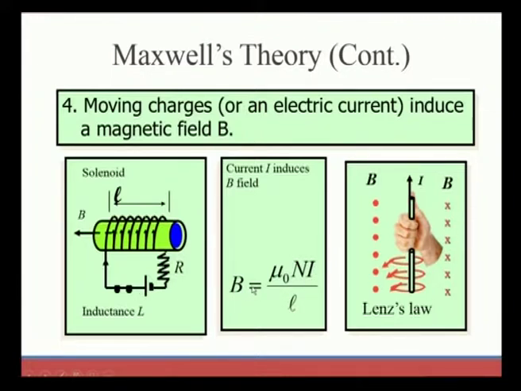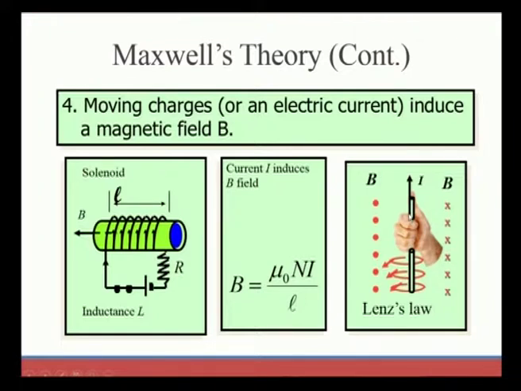Here we can also apply Lenz's law for finding the direction of the current. If the current is moving upward in a conductor, we can say it is anti-clockwise.